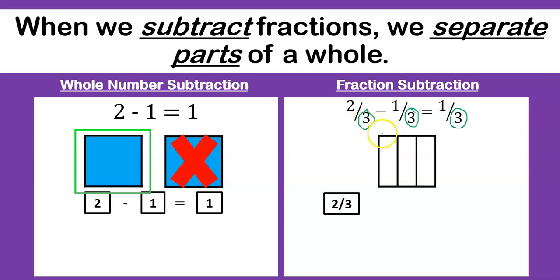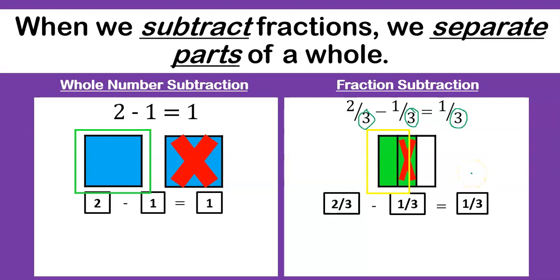Remember, my denominator tells me how many parts are in my whole. So I have a box, and I've split it into 3 sections. For 2/3, I'm going to color in 2 of those sections. That represents 2/3. Now I'm going to subtract 1/3. So when I subtract 1/3, I take one of those parts away. I separate that part, and I wind up with 1/3.